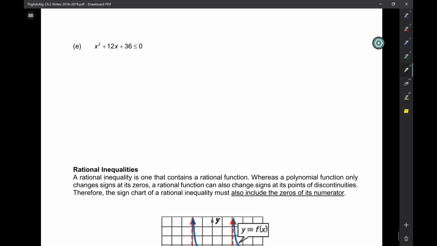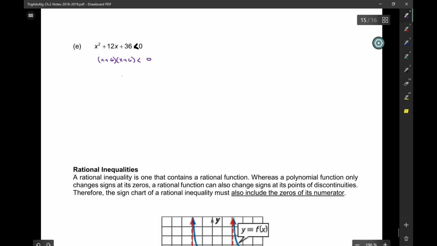Okay, this is another interesting case here. When we factor this, we get x plus 6 less than or equal to 0. And again, I wanted to simplify this as well, so I switched this to simply less than 0.